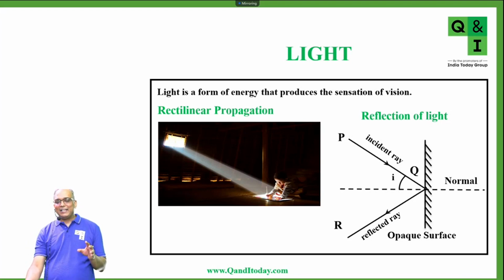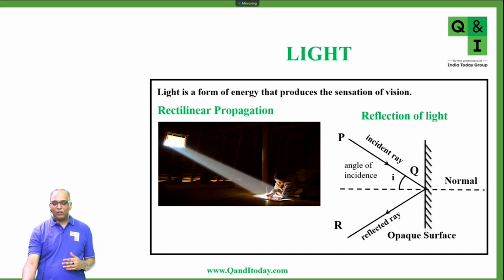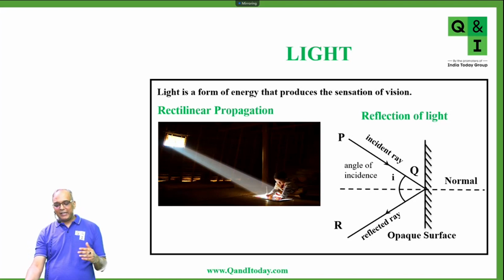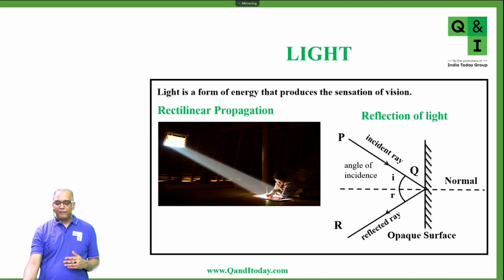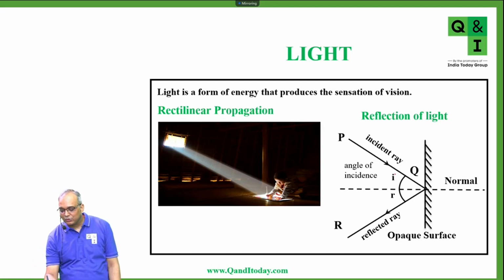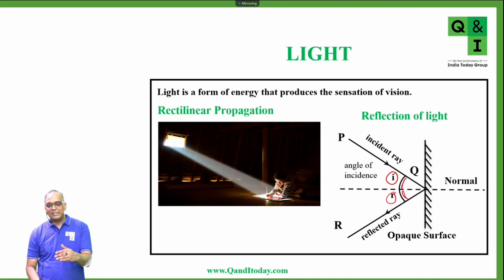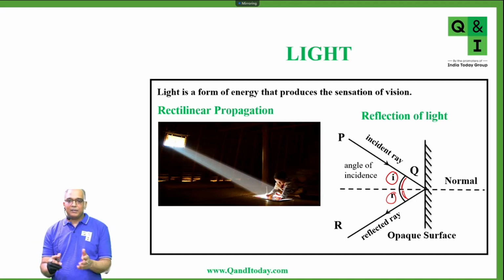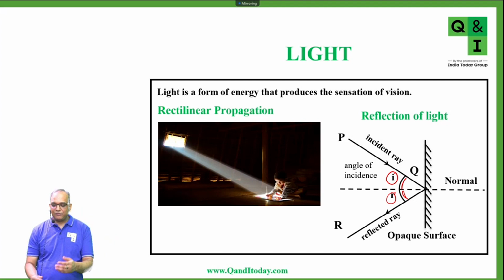So the angle made by the incident ray with the normal is called the angle of incidence, and the angle made by the reflected ray from the normal is called the angle of reflection. So this angle is the angle of incidence, this is the angle of reflection. So the angle of incidence will be equal to the angle of reflection, which we'll see in the laws of reflection, which we are going to study now.